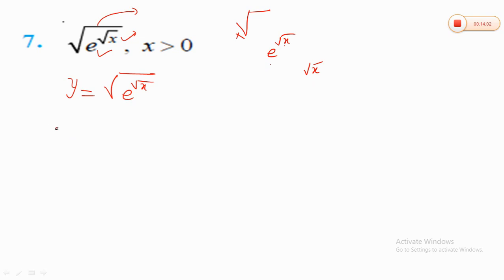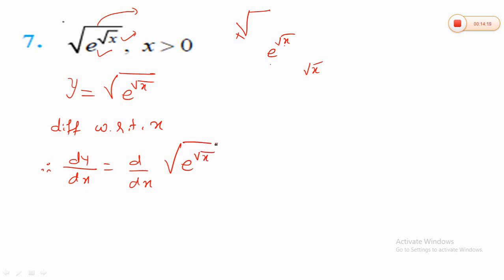Let's differentiate with respect to x. dy by dx equal to dy by dx of root of e raised to root x. This equals the derivative of root, 1 upon 2 root of this entire function e raised to root x.